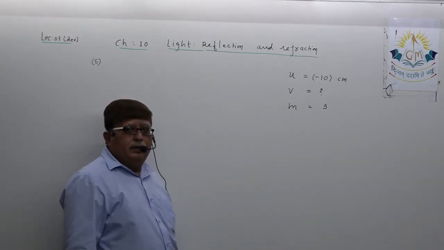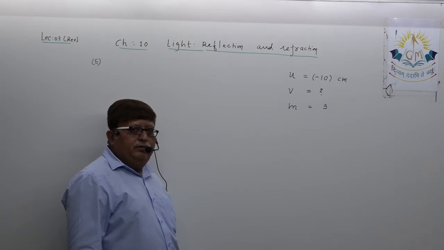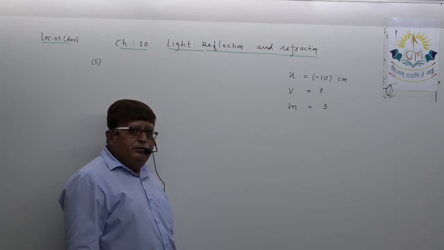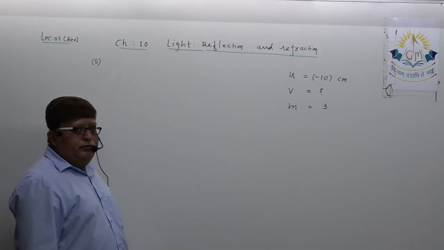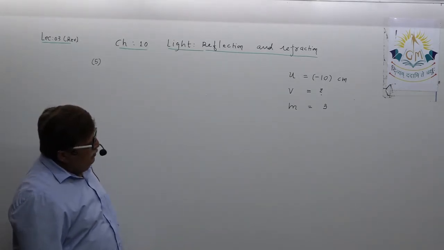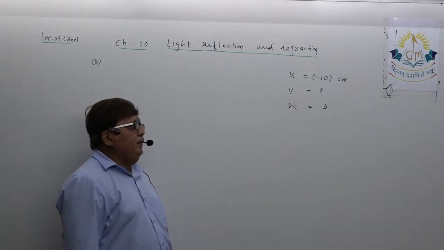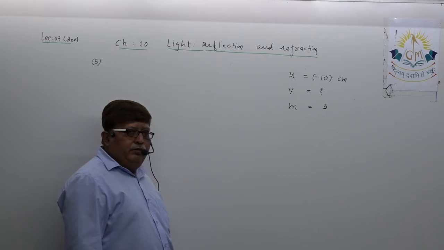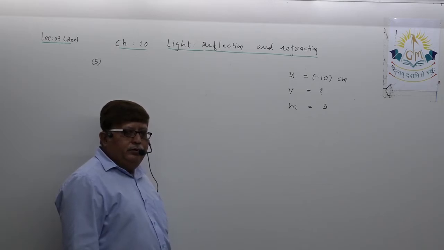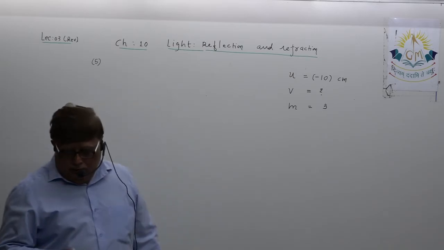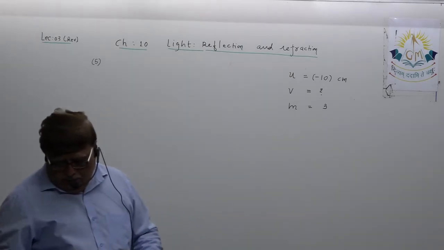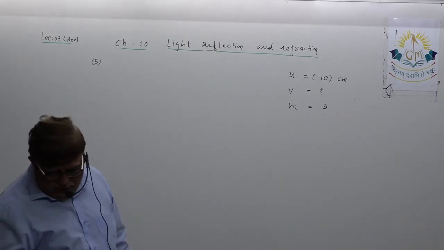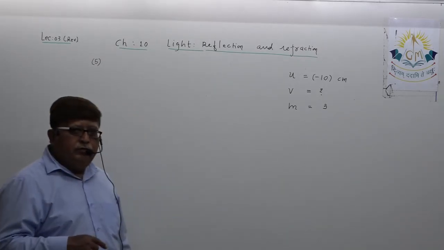The value of magnification is already given, 3 times. You understood this? Now, dear student, you have to find the position. One thing make very clear: they have mentioned that the concave mirror produces a 3 times enlarged real image of an object.